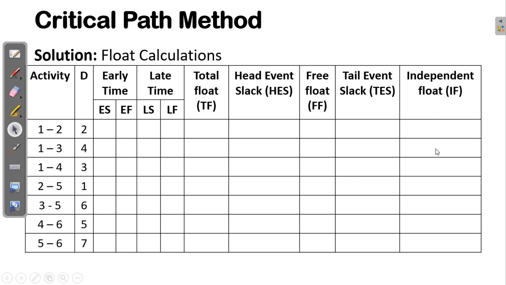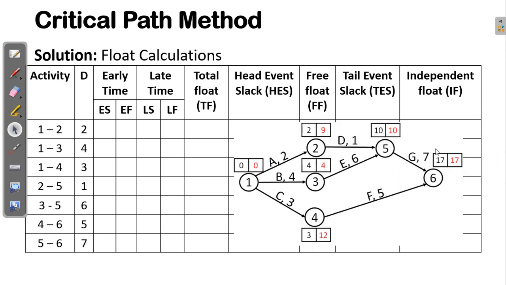Okay, now let's consider the previous network diagram, which we computed, with the early time and the late time. In this network diagram you can see that we already have the information for early time and late time at this point.